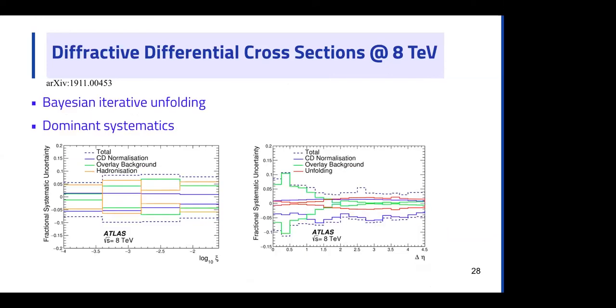So the dominant systematics depend on the variable we are studying. In the case of the chi distributions, hadronization and overlay background are the dominant uncertainties. And in the case of delta eta, for low delta eta we have the overlay background, but for high delta eta, the normalization of the central diffractive component is one of the dominant ones, okay?